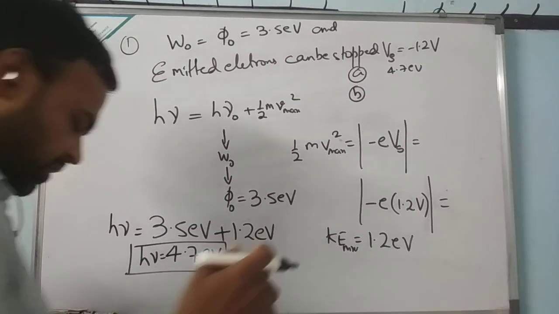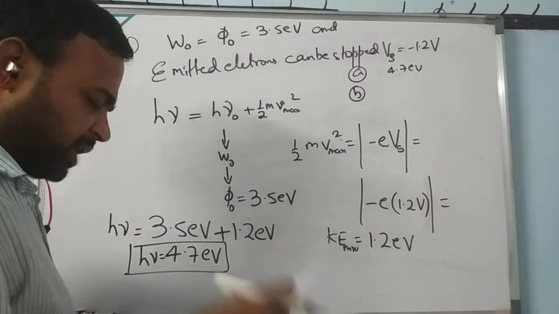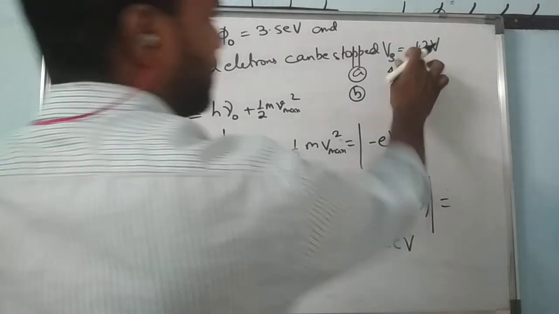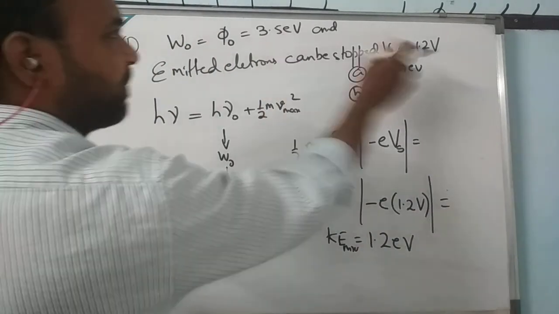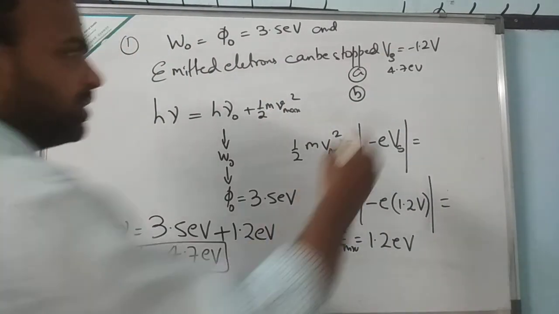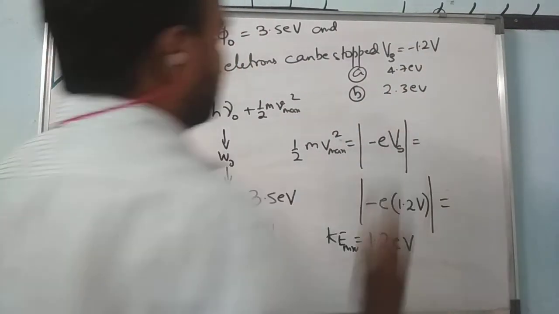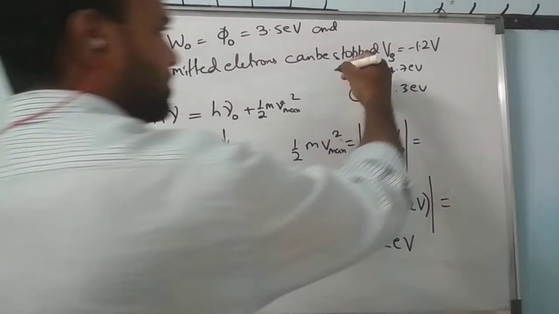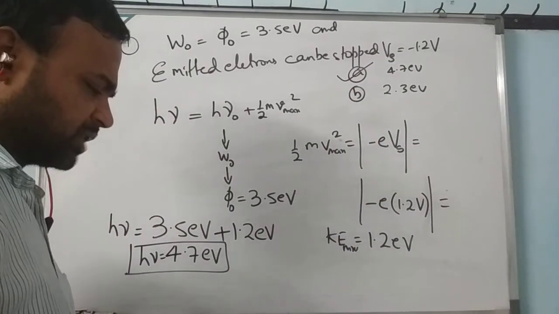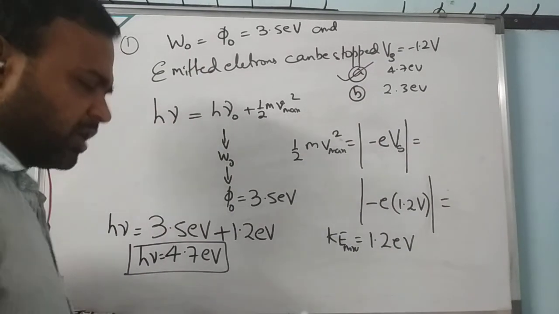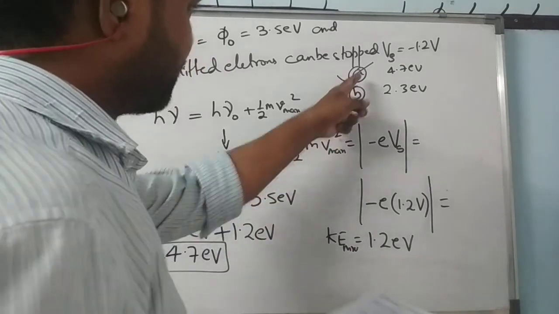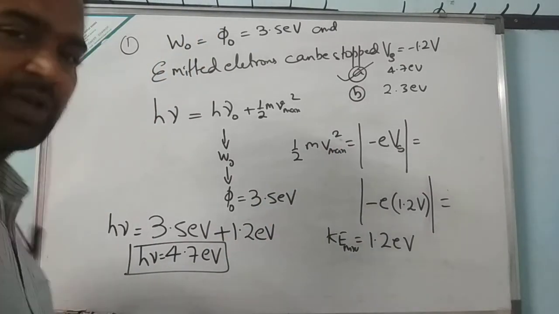Generally, by seeing this negative part, students tend to subtract it. So that is why they have given option B as 2.3 electron volts, because if you subtract these two you get this, but that is the wrong answer. This is the correct option. And of course there are C and D options which are not correct anyway, because the first option is correct, right?